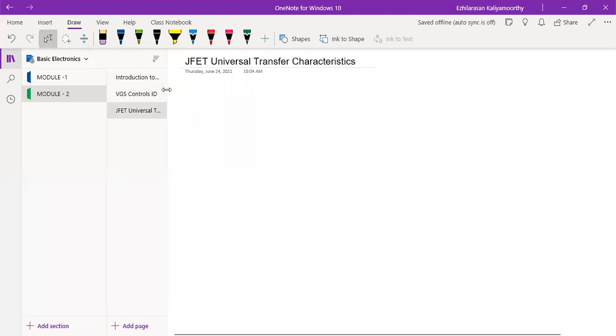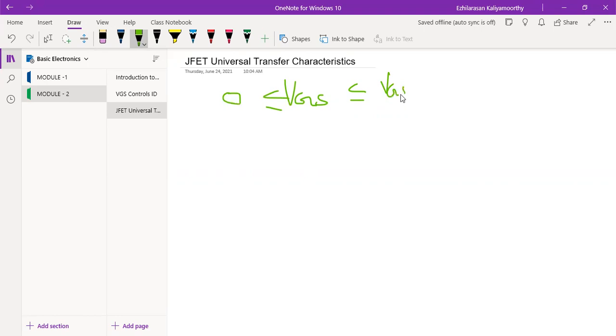Okay, now what we'll do? Let us go for JFET universal transfer characteristics. In the previous lesson we learned some of the range of VGS values, from 0 to VGS(off).